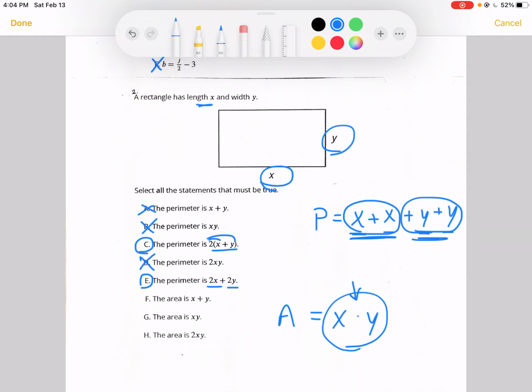It seems like G does. G is taking x times y. H is too much, it's doubled. And F is taking the length plus the width, and that won't get us area. So I think we need to go with C, E, and G.